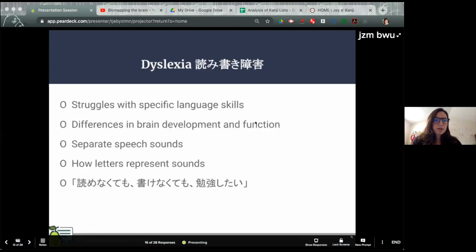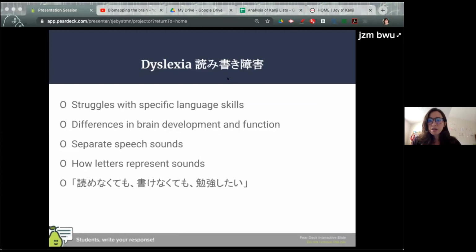So it's a specific language skill, and like you saw in that video, the students who are experiencing this, it's taking a little bit longer to process sounds. So in Japanese, the term dyslexia, that's hard for me to say, katakana de, dyslexia, is often used.